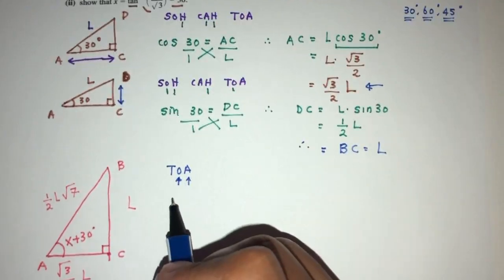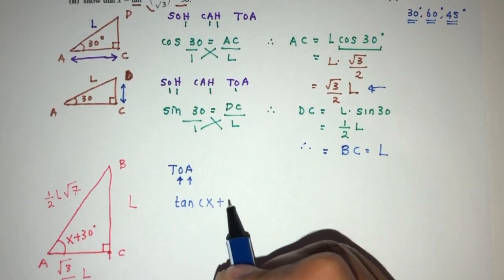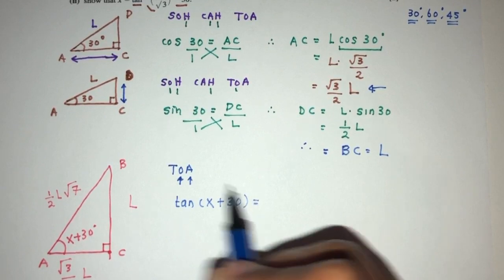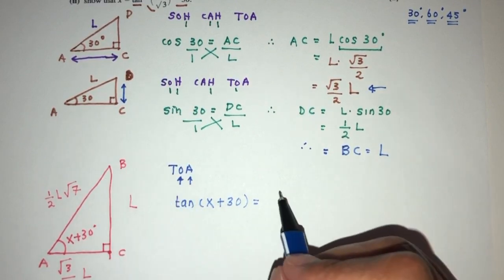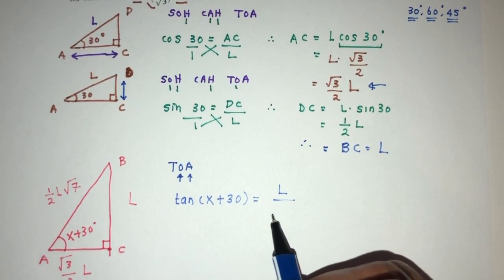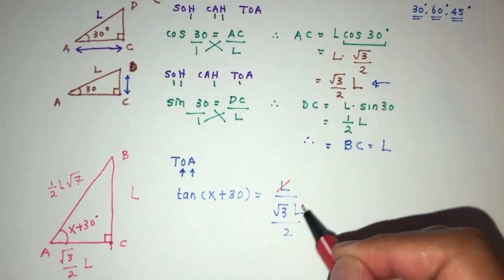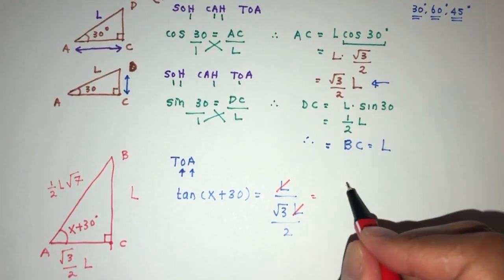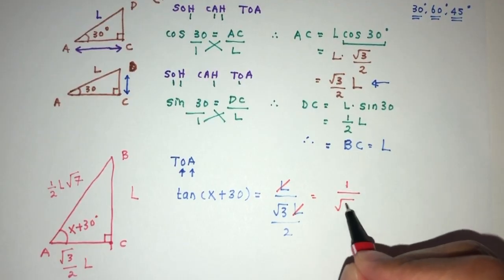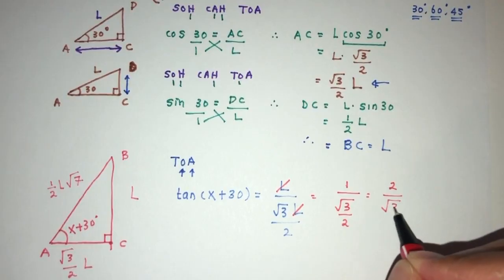So let's do this. Tan of the angle of x plus 30, that has to be opposite side, which is this side L, over adjacent side, which is this side, root 3 L over 2. So this and this will obviously cancel out, so you will have 1 over root 3 over 2, which is the same as 2 over root 3.